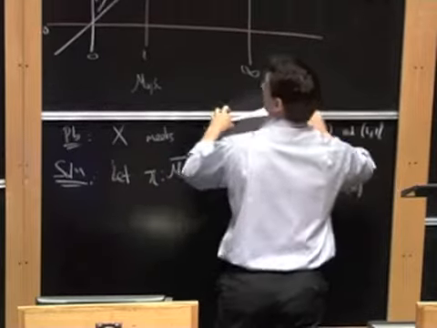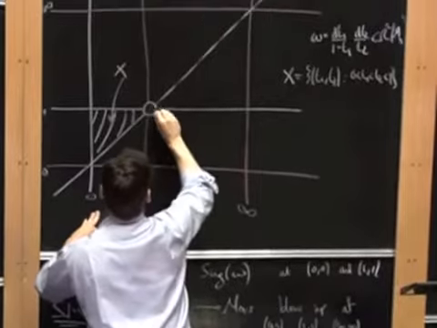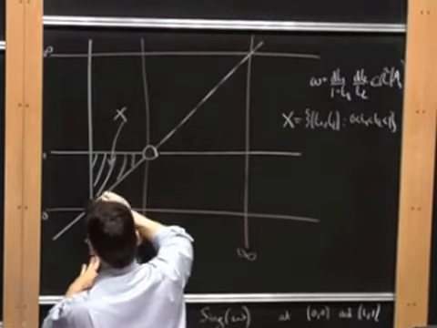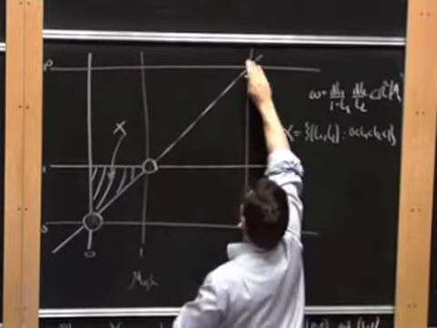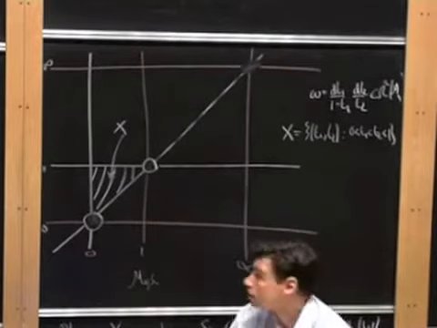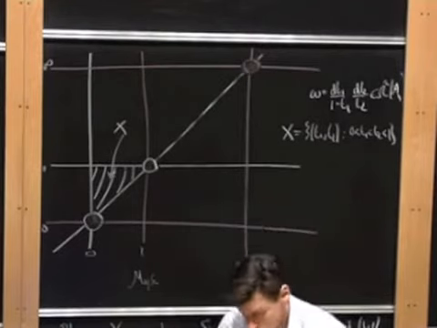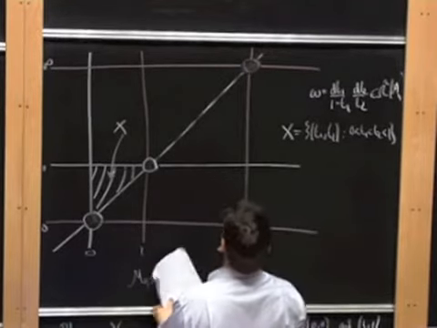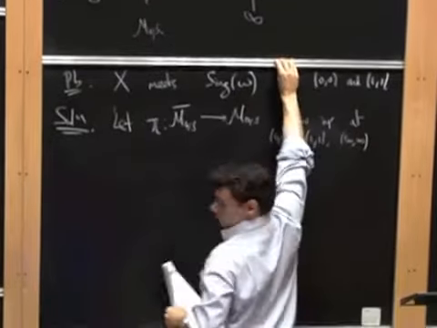So on the picture, what that does is replaces these points here with a copy of P^1 in white, here another copy of P^1 in white, and here a copy of P^1 in red. So that's M_{0,5} bar, the compactification.